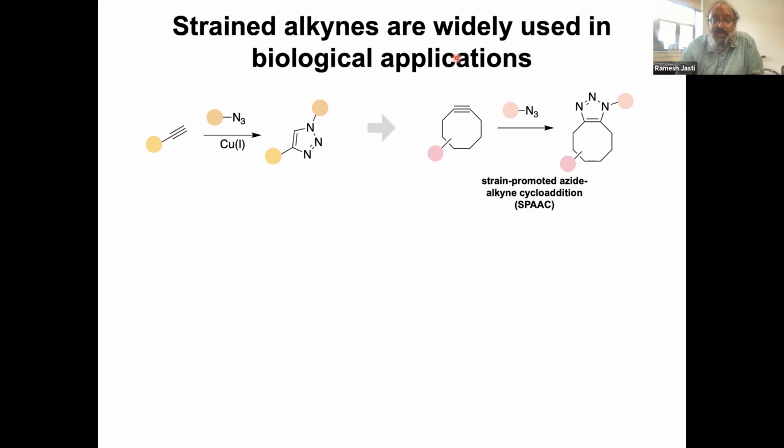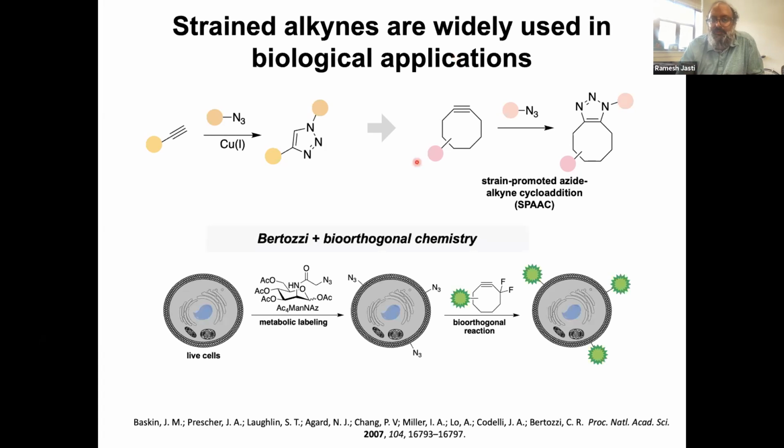That's actually quite useful. Probably some of the most well-known examples, and the person that developed this concept is Carolyn Bertozzi, in bioorthogonal chemistry, meaning that you can do chemistry in the context of, say, a living cell, and not disrupt what's naturally going on.